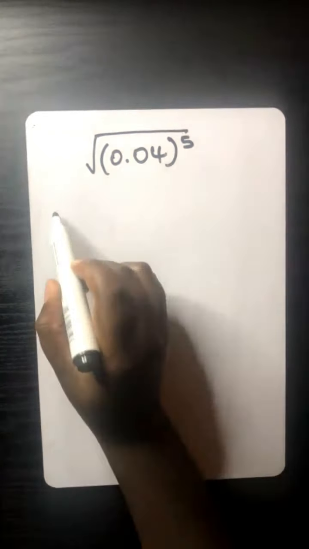Okay. Shreyas, what was your first step? So I said 0.04, which gave me 1 over 25. Okay, hold it there.